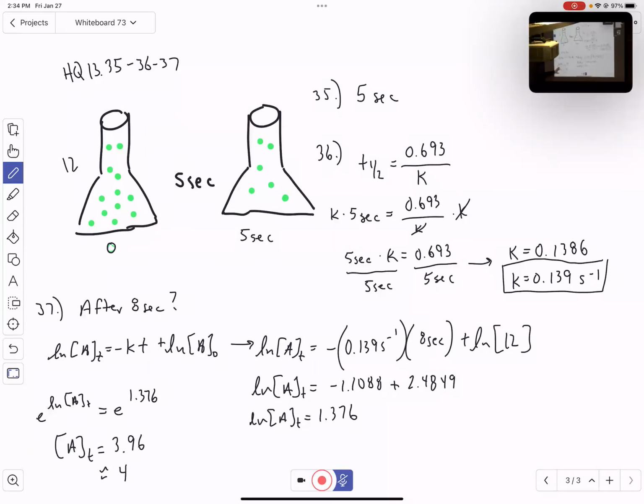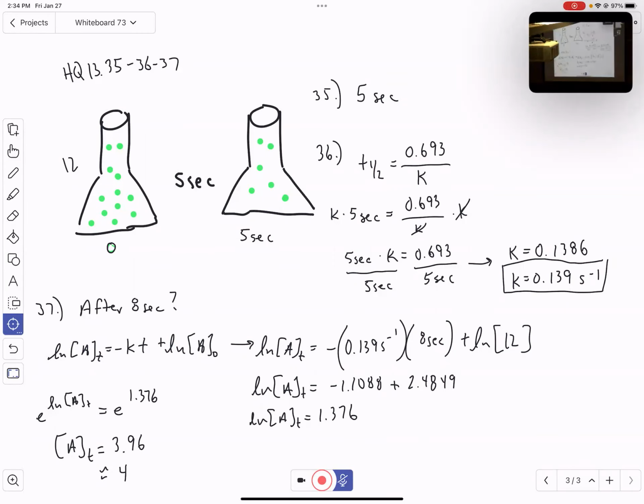If you're ever worried you're doing the wrong thing, we have the equation, so I could plug 3.96 back in for the concentration at time t and go through the calculation again to make sure everything checks out, if you weren't confident in those steps.